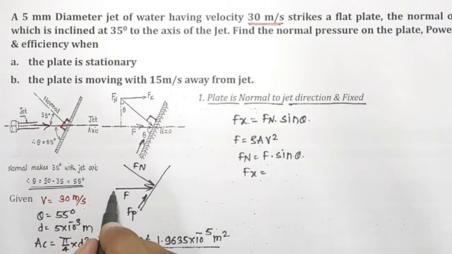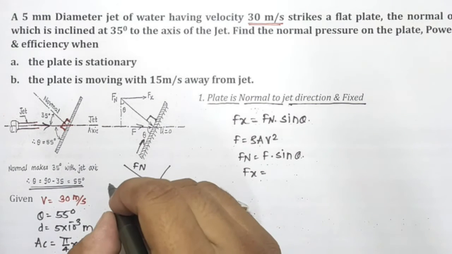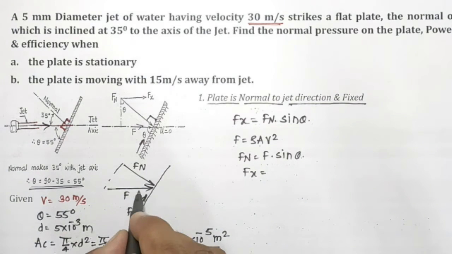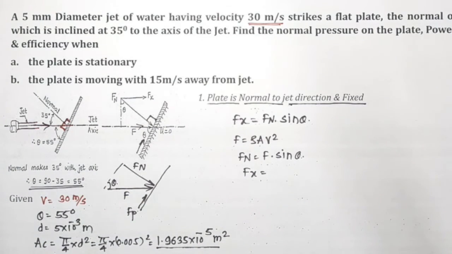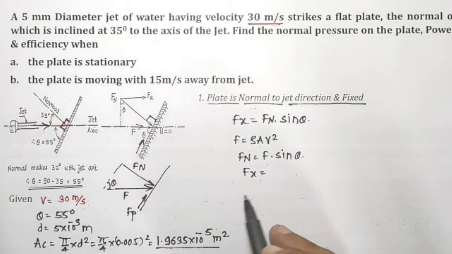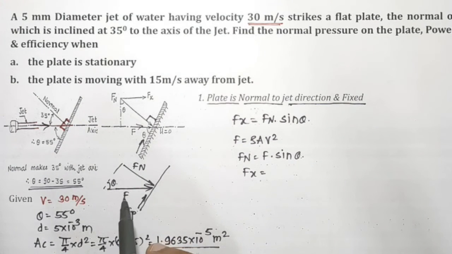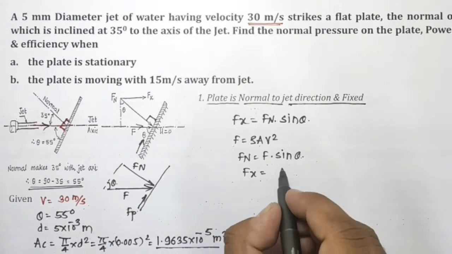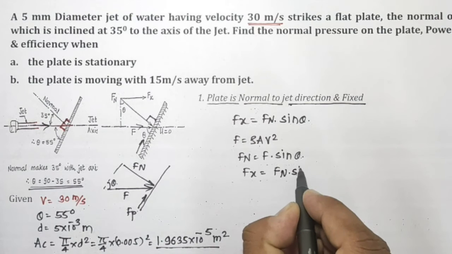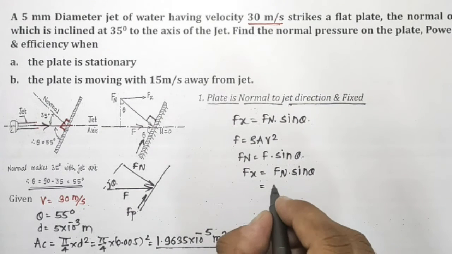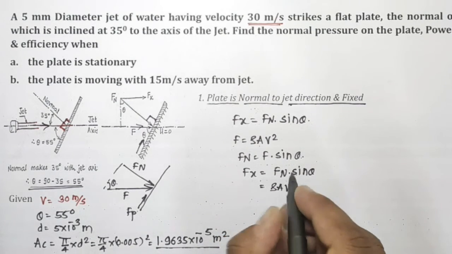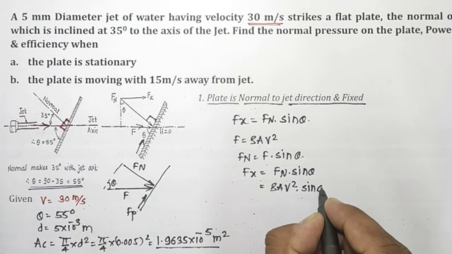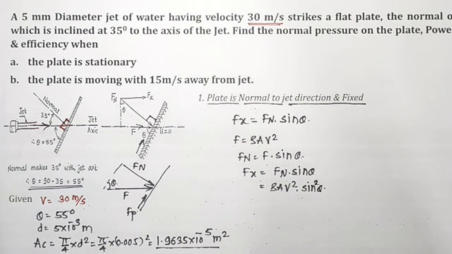Okay, so if it is F, and this angle is theta, then this is how we find the normal force. So Fn is equal to F sine theta. So from this diagram Fx is equal to Fn sine theta. This will result into rho a v square into sine theta, and this sine theta will become sine square theta.